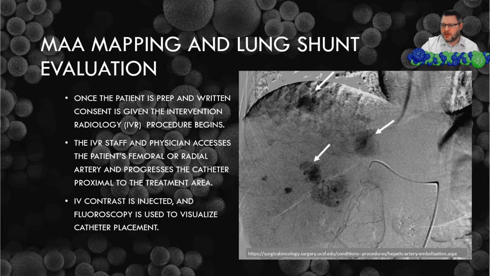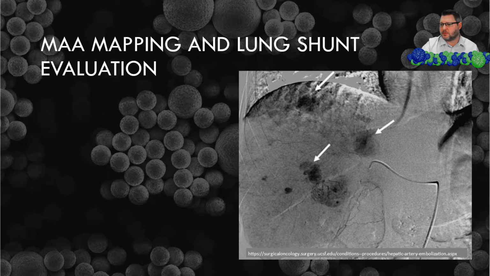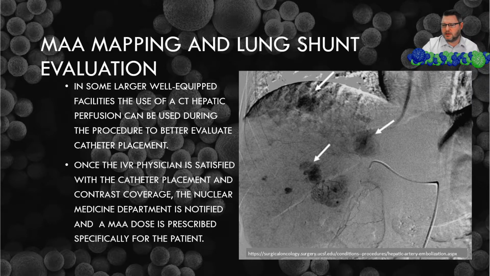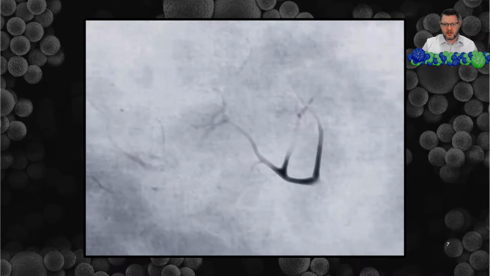Go through here briefly: contrast injected, using fluoroscopy to visualize the catheter placement. Some well-equipped facilities can also use CT hepatic perfusion to ensure optimal catheter placement. Here is a video.